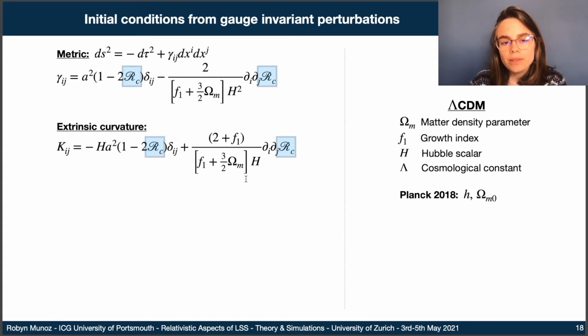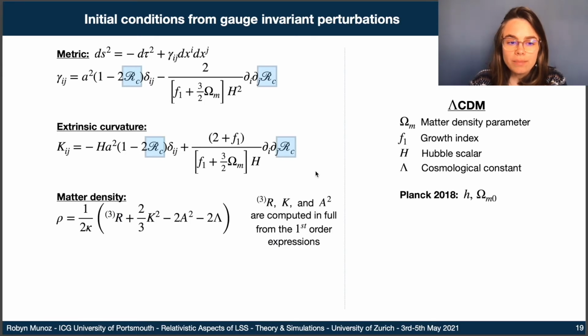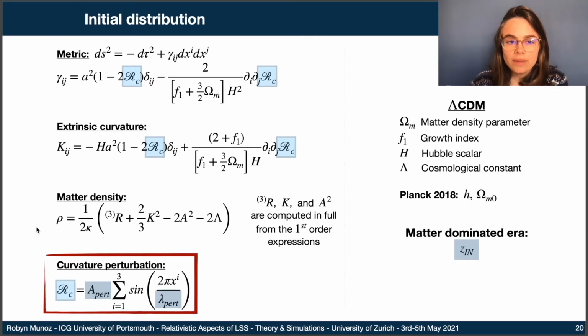The other parameters here are obtained from the Lambda CDM model, and we define those using the Planck data. We could do the same with the matter density. However, we do one better and use the Hamiltonian constraint, where the various quantities here are computed in full from the first order expressions. So then we have the matter density in full. And so all that is left to do is to define R_C.